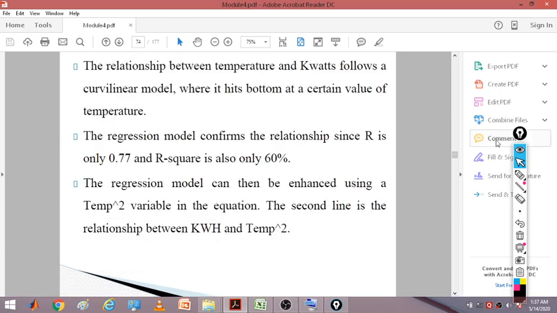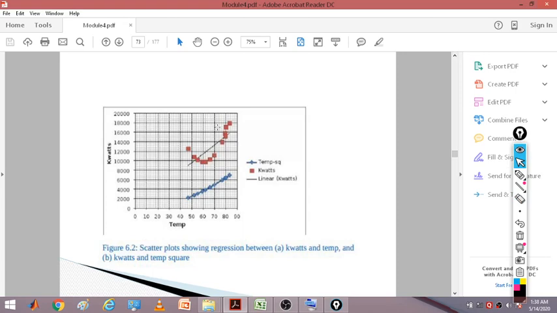So the relationship of kilowatts follows a curvilinear shape, where it hits a bottom at a certain value of temperature. The regression model confirms the relationship, since R is only 0.77 and R square is only 60%. So if I run the regression model with only the temperature value, R is 0.77 and R square is 60%.